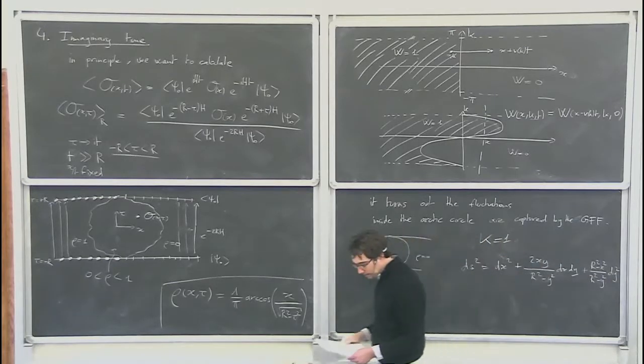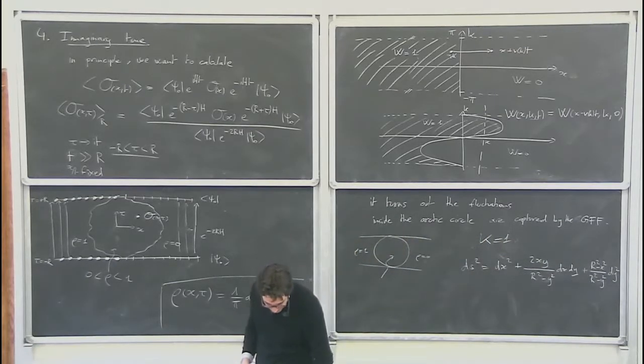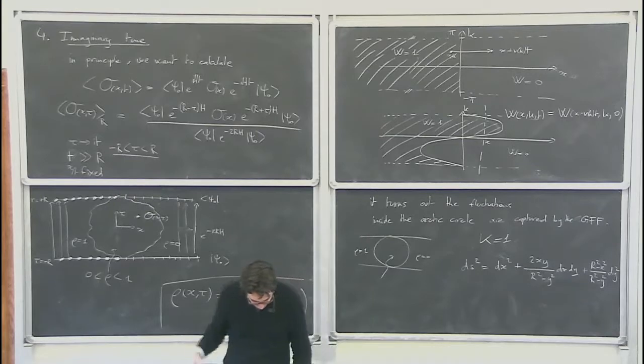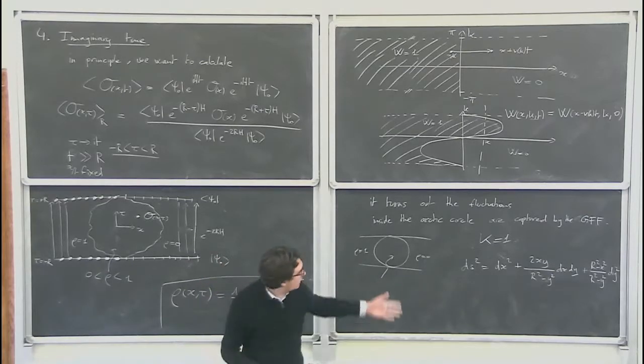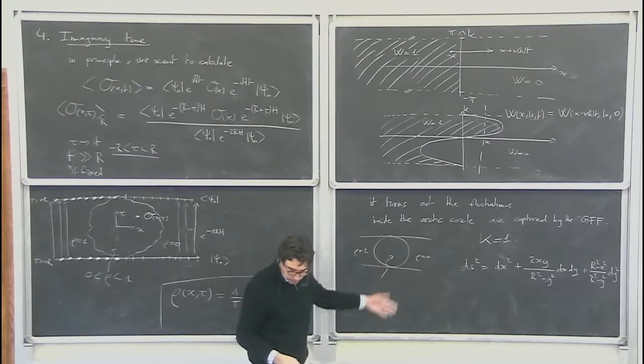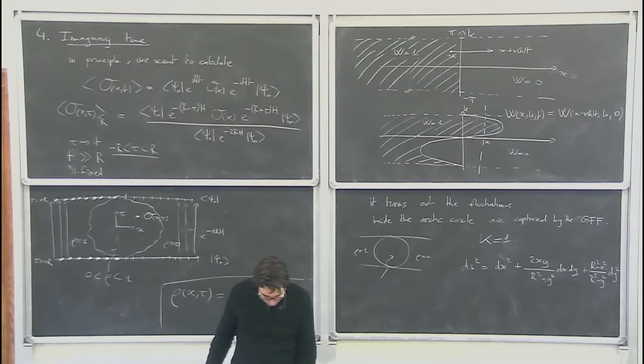So basically this is all we need to know, because now we know the underlying geometry of the problem. We know exactly what the field theory is. Therefore we know how to calculate correlation functions, and that's all that's needed.